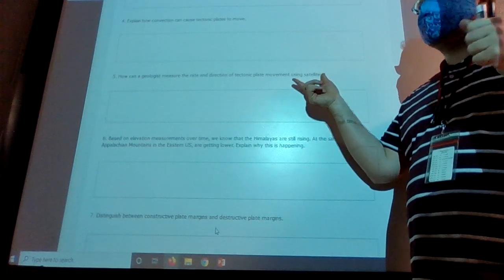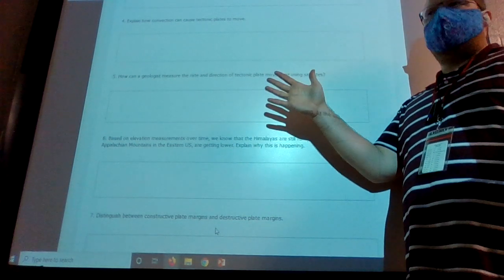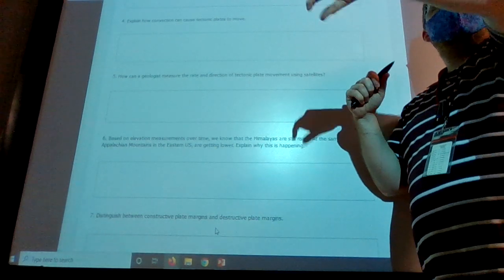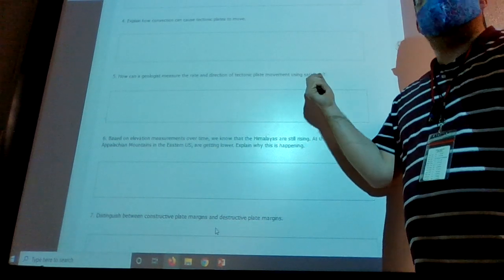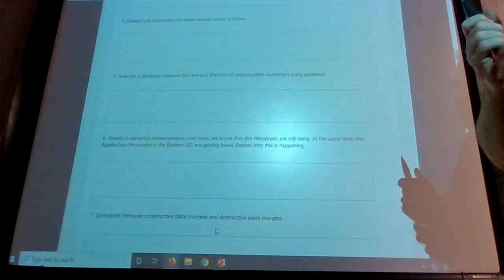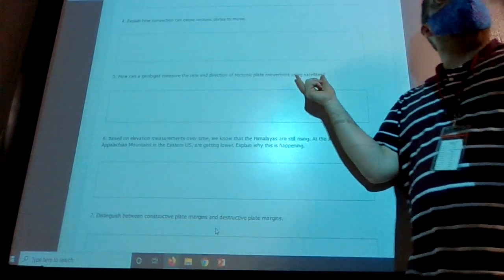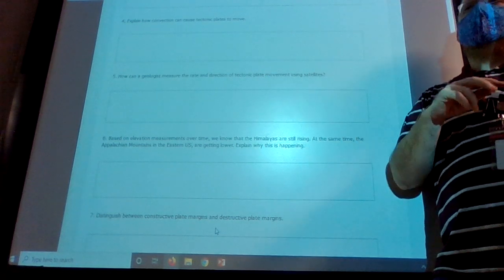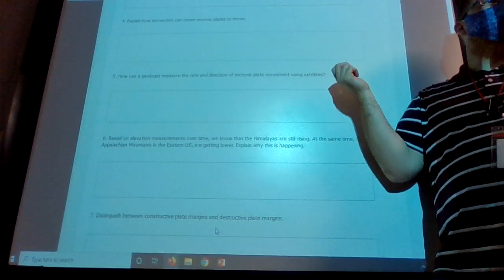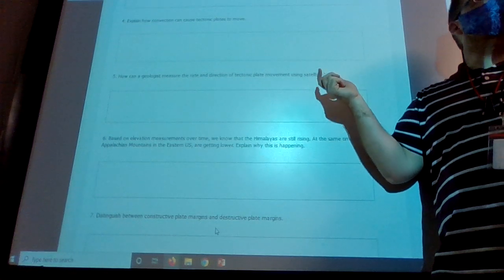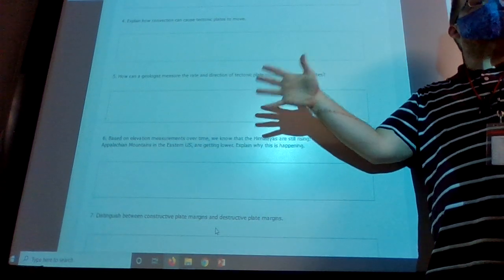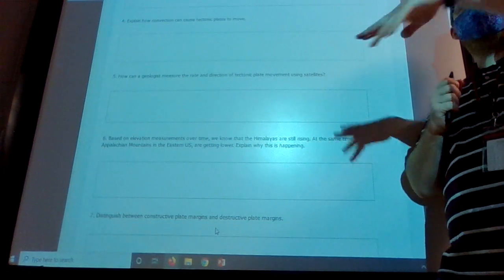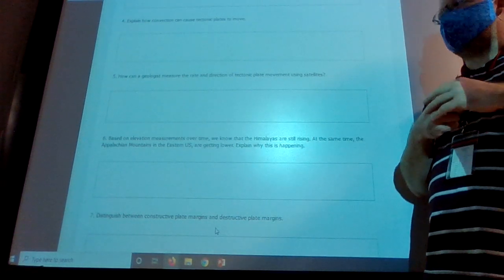Use GPS to take multiple measurements over a period of time, and that should show you how fast the plate moves and in what direction.